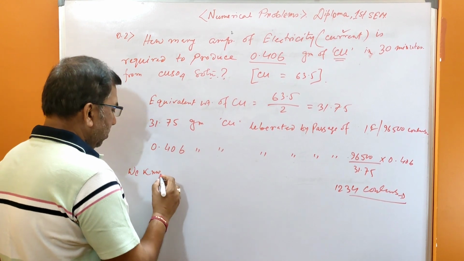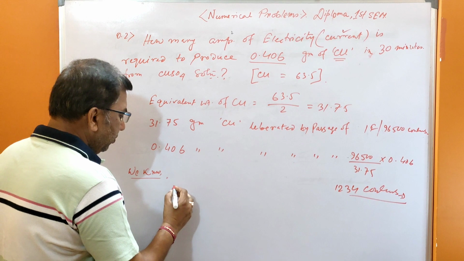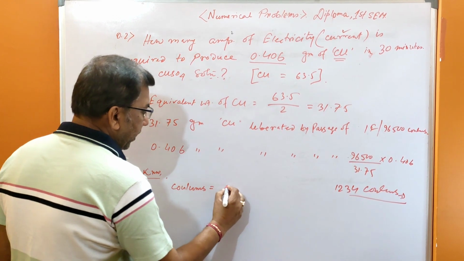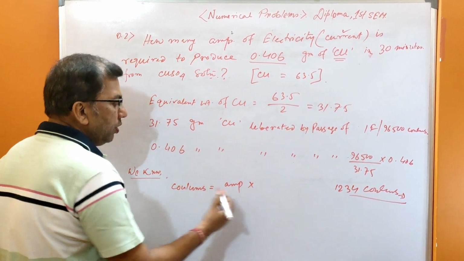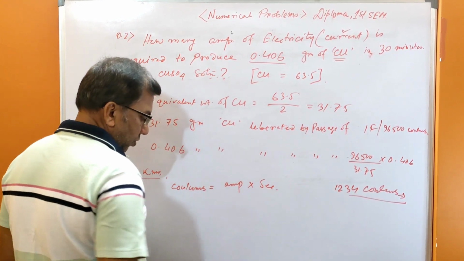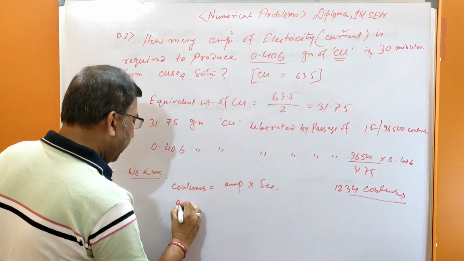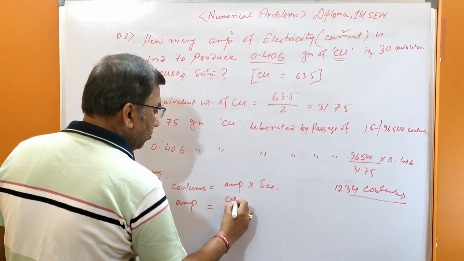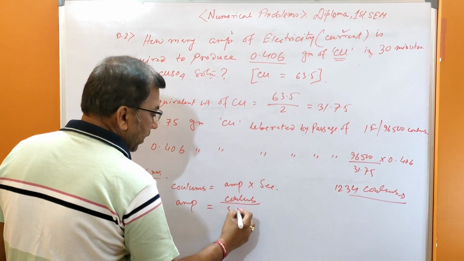We know coulomb equals ampere into second. And you have to find how many amperes of current. Amperes equals coulomb by second, by time.